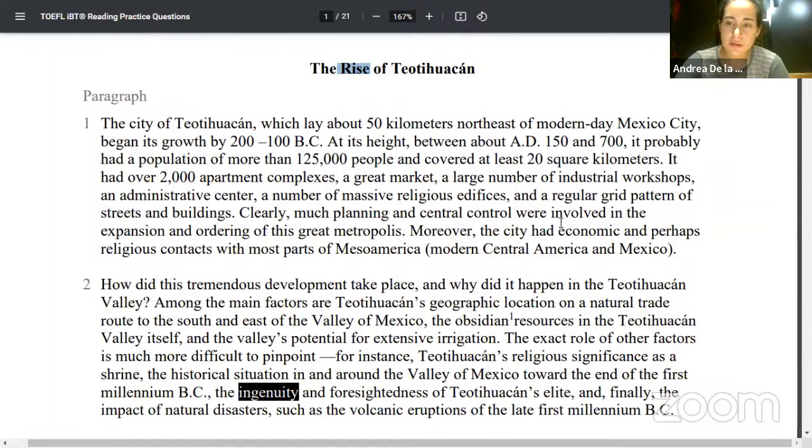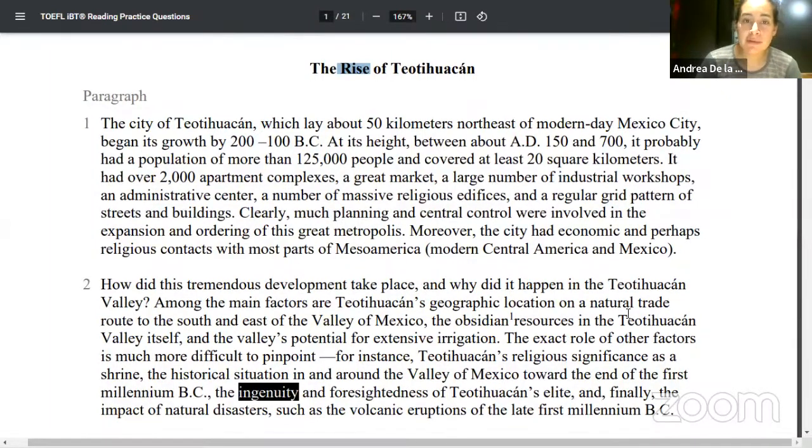Rise, what does it mean? I think it goes more to the side of like the growth of the Teotihuacan or the development of the Teotihuacan. It's like how something grows, how something rises, like how something develops and turns to be a really good thing, you know?